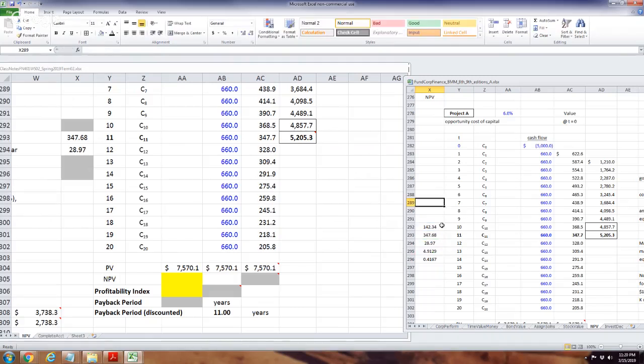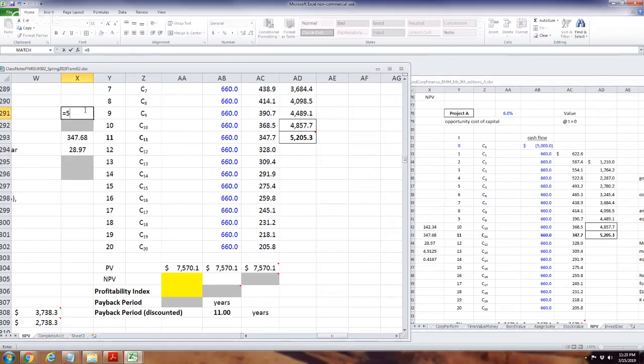Yeah, so actually, this may have a use. Equals 5,000 minus, yeah. So how far are you? Yeah, so you're 142.3 away from 5,000.